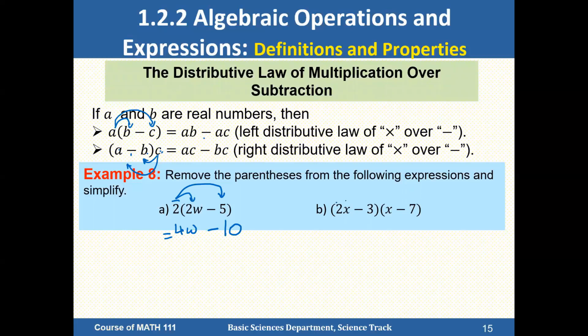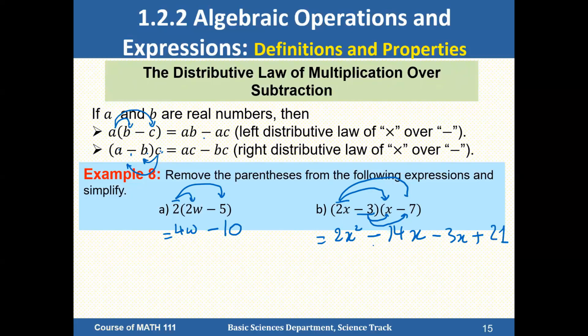Here also I can distribute: 2x times x gives x squared, 2x times minus 7 is minus, 2 times 7 is 14x, minus 3 times x is minus 3x, minus 3 times minus 7 is plus, 3 times 7 is 21.